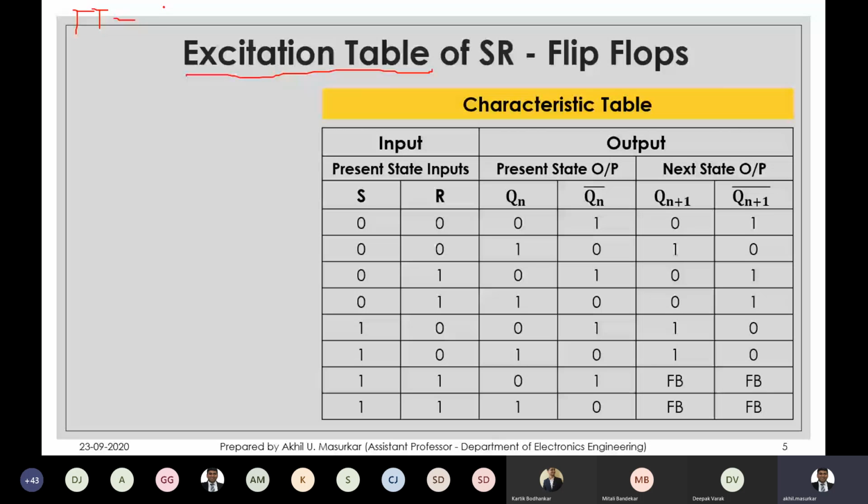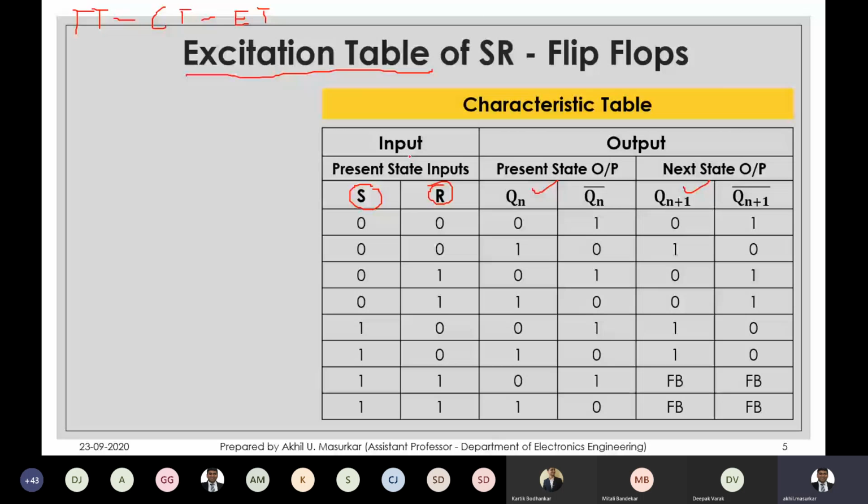If you look at the characteristic table the other way around, that is, if you want to write S and R in terms of Qn and Qn plus 1, then that table is called the excitation table. If you want to write inputs in terms of outputs, that table is called the excitation table.